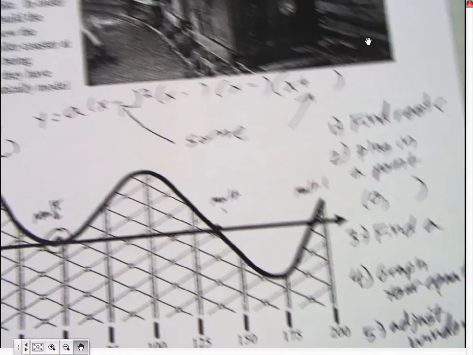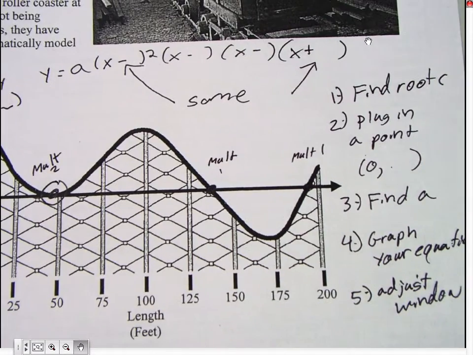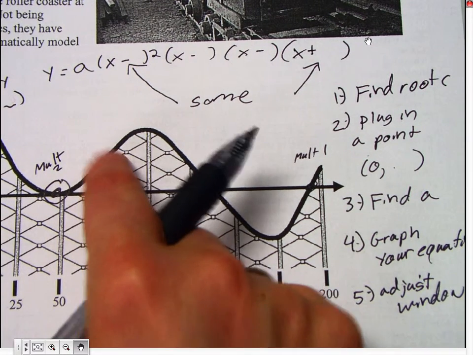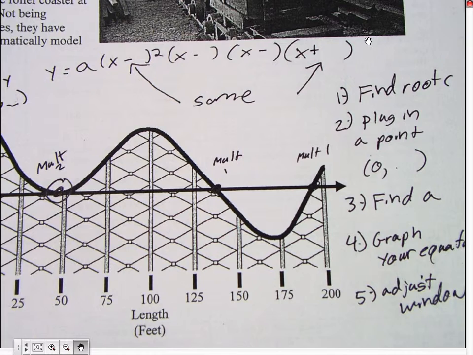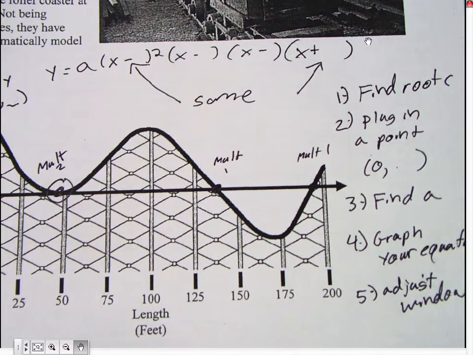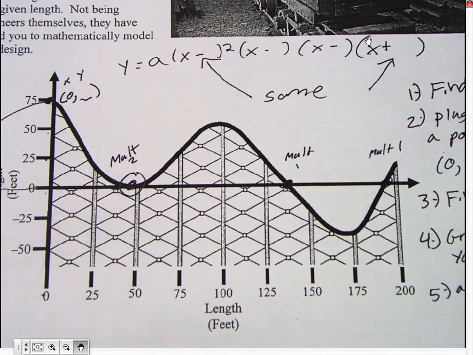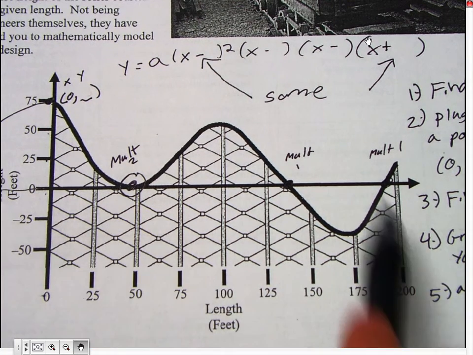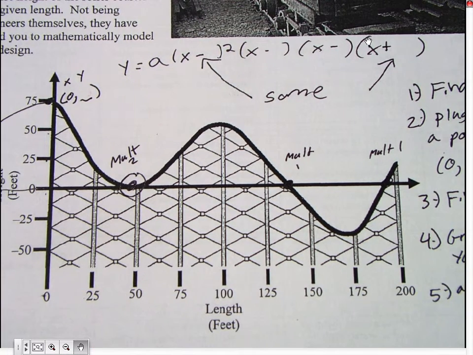Then how am I going to check that my graph on my graphing calculator is the same or super close to this picture? So if I pull up a graph, how would I know that it was the same? What would be a key thing to look at here? Maybe I could check what?